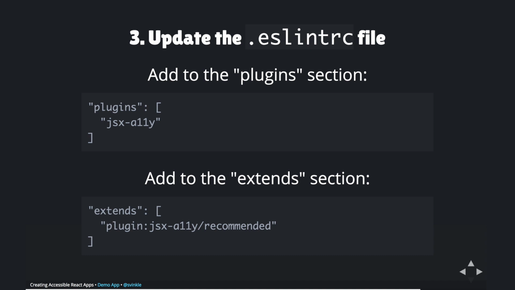And in the extends section of this file, you would add plugin:jsx-a11y/recommended, and this loads the default set of rules to test your code against, and I think they're pretty good. So after all this is done, you'd restart your editor, and you should see some errors come up when you've got some accessibility issues in your code. I think it's pretty awesome.